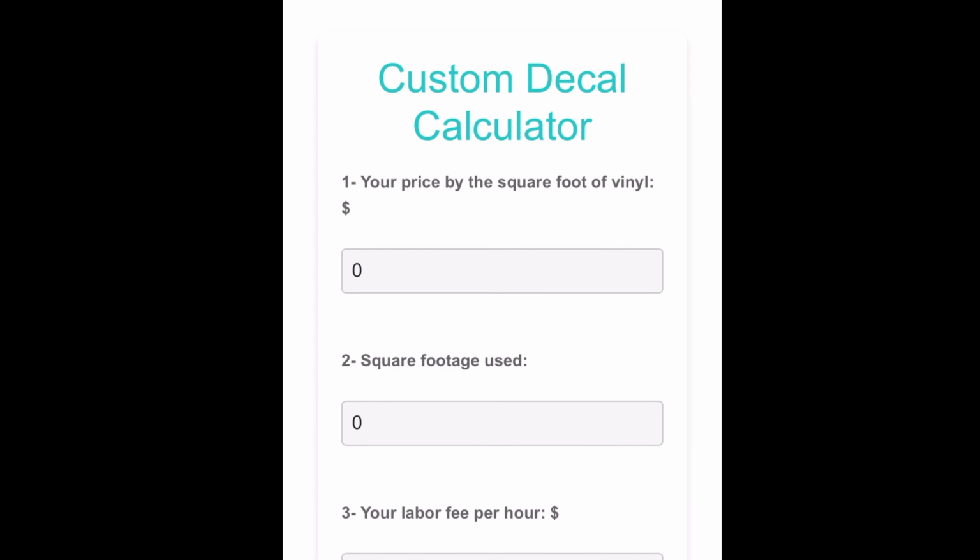Your price that you pay for the square foot of vinyl. Now we're going to use our example. We pay $1.60 from US Cutter for every square foot of vinyl, including transfer, tax, and shipping. Now, the way this one works is that we calculate whatever vinyl, and by the way, let me mention this.